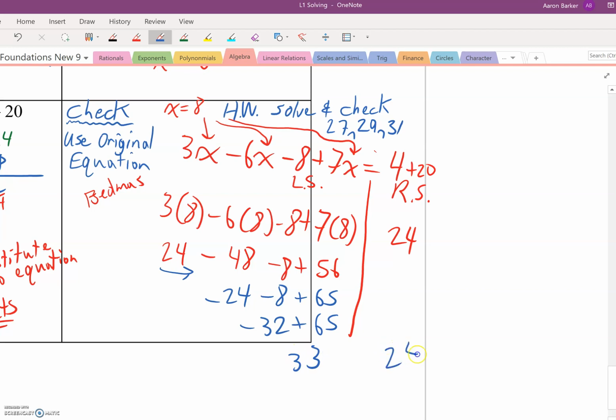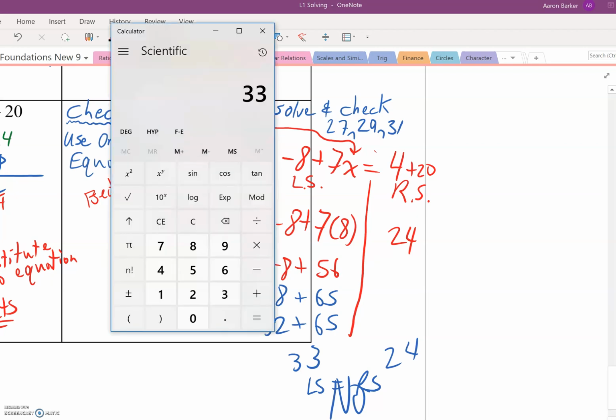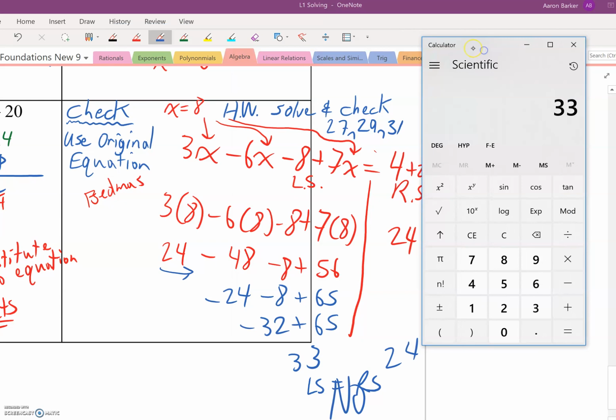Here I get 24. Does my left side equal my right side? No, it's not the same number. So Mr. Barker screwed something up. So I'm going to go back and check my work. Here we go. 24 minus 48, that's negative 24. Minus 8 is negative 32 plus 65.